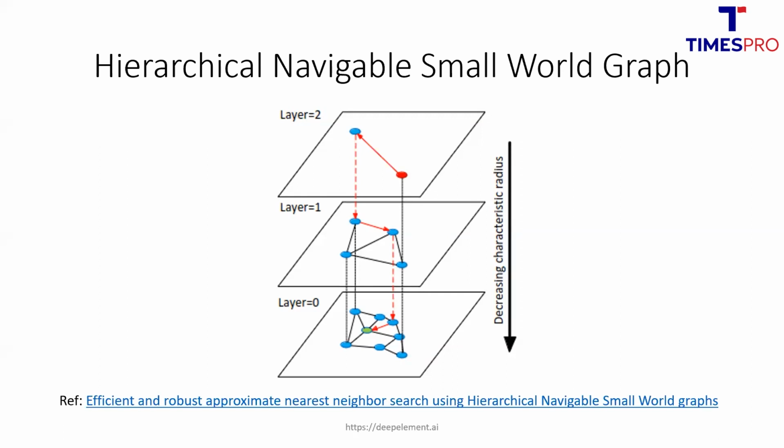You will take a flight from New York to London and from London to New Delhi. That is a very long distance travel, and that is like navigating the top level graph. You start off from the starting point, which is, let's say, New York, and you go to London and then you go to New Delhi.